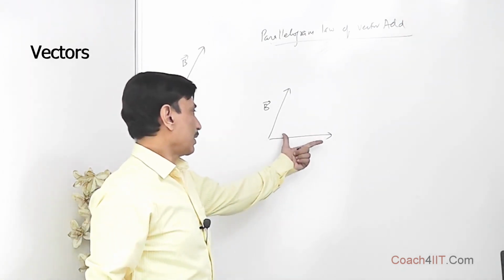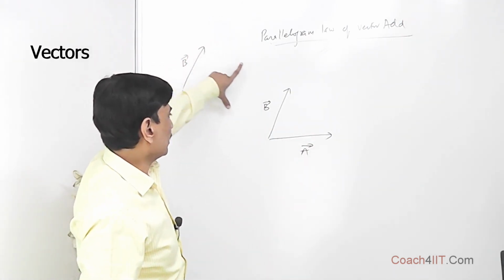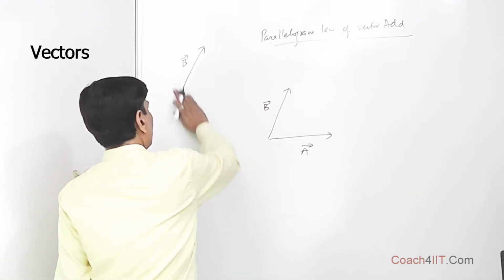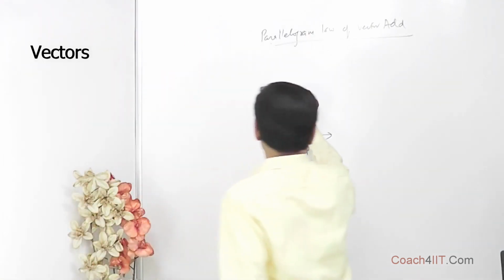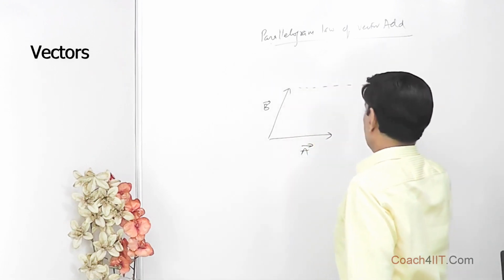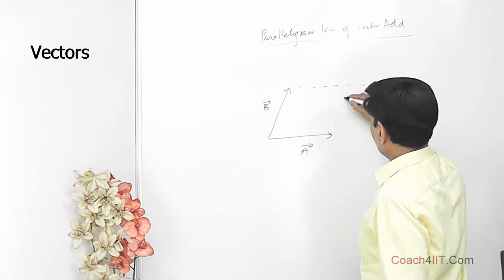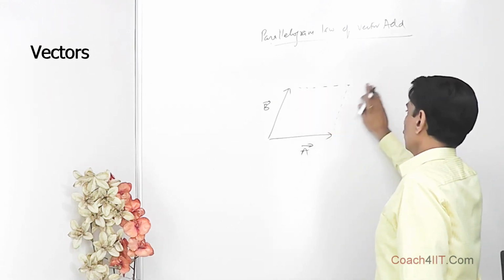So this is vector A, this was vector B. We move this vector and join these two vectors tail to tail. Once we join it, we construct a parallelogram: parallel to this, and the second line we draw parallel to this vector. So this is a parallelogram.